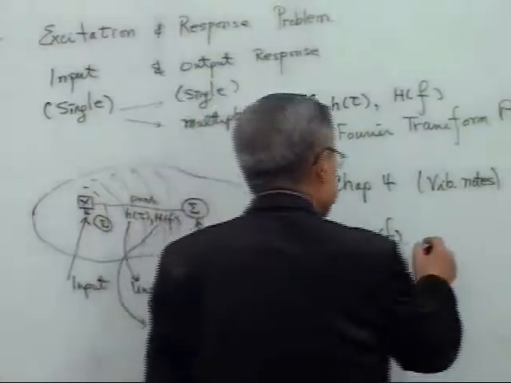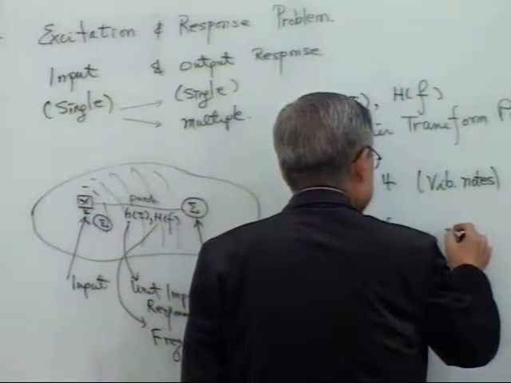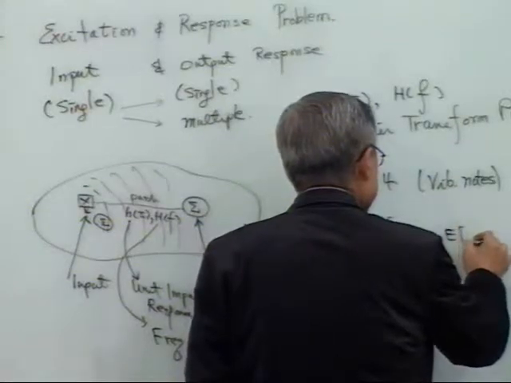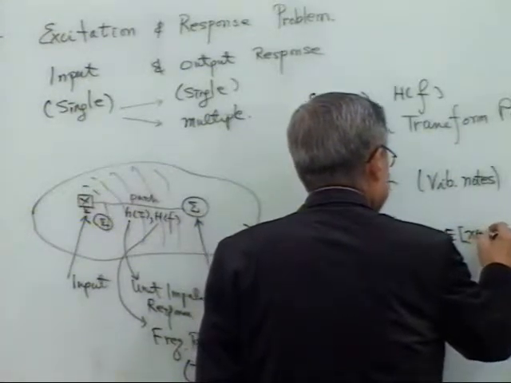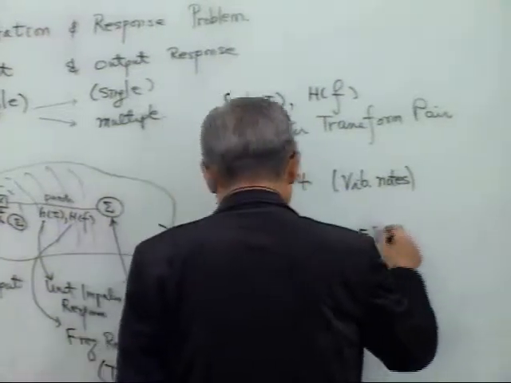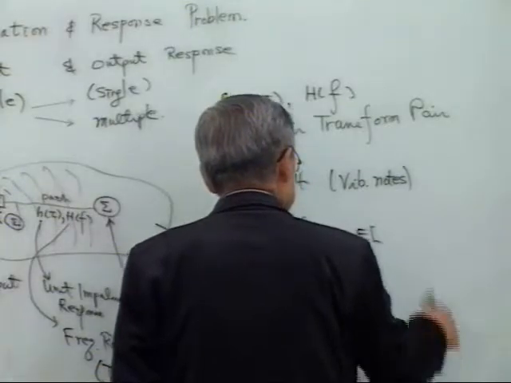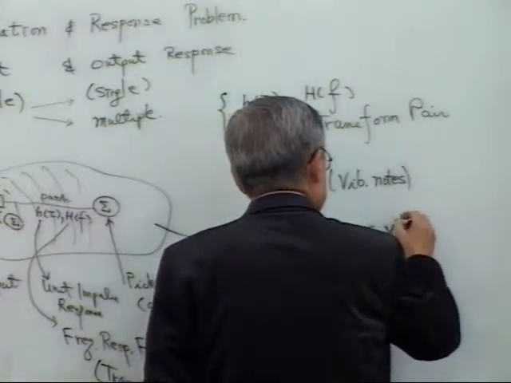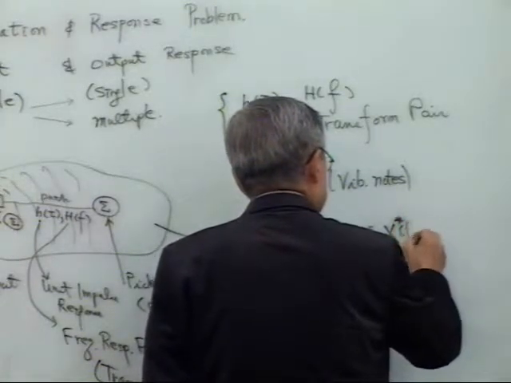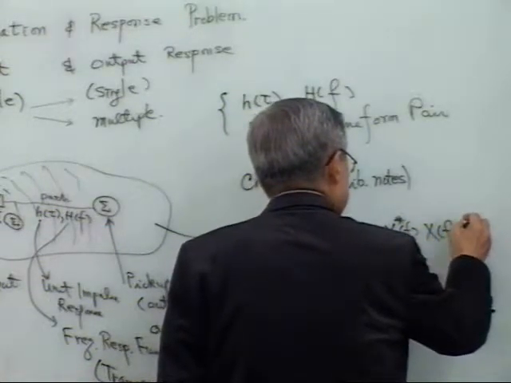Of course, this is proportional to something like X(f) times the conjugate of X(f).